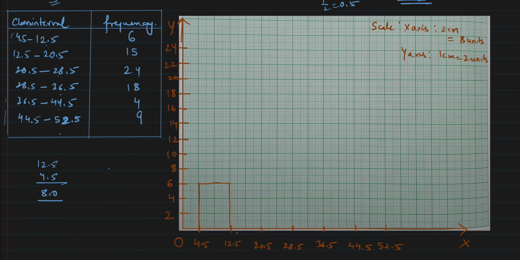Then from 12.5 to 20.5, it's 15. So let's see, is it coming or no? It came. So 15 will be between 14 and 16. Okay, I'm increasing the width, and then from here again one more line. Better lines are better here.